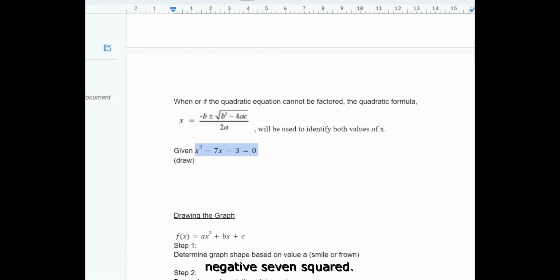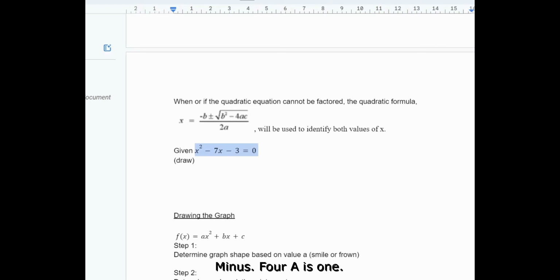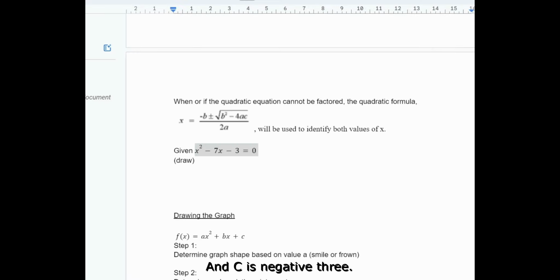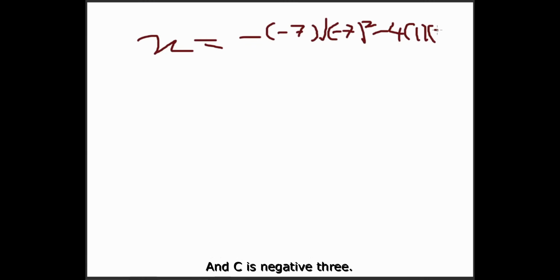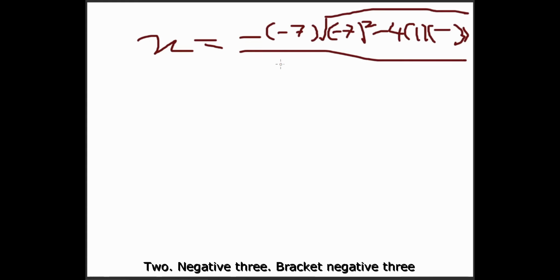Square root negative 7 squared minus 4. A is 1 and c is negative 3. We'll close this off, divided by 2, negative 3, bracket negative 3.